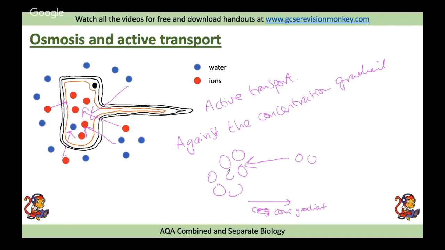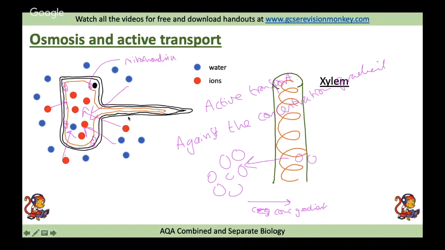Okay, so talk about it going against the concentration gradient. And for this, it needs energy. And in the cell, the part of the cell that provides the energy is the mitochondria through respiration. So talking about 6 markers here, how things move into the cells, and the fact that you've got mitochondria that provide the energy for active transport.